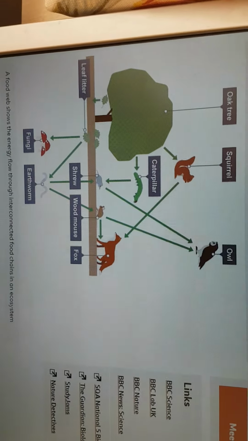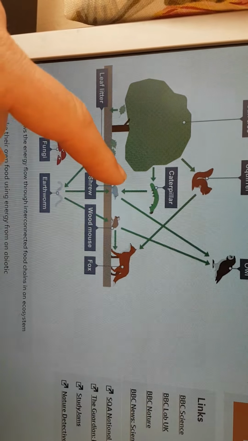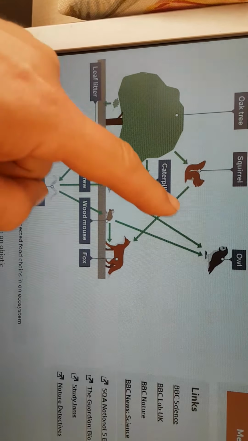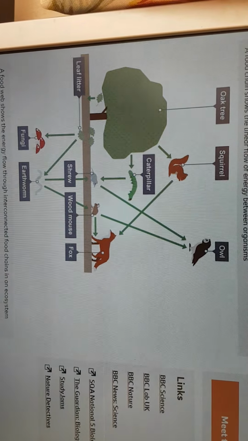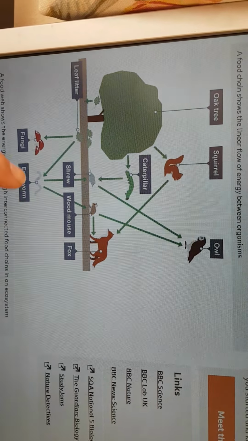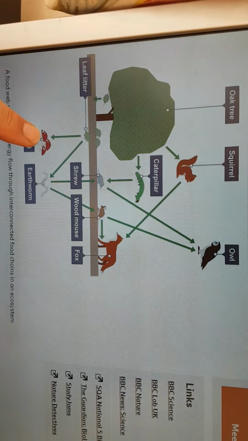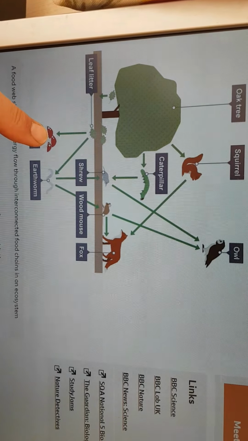For example, the role of the shrew is to eat earthworms but provide food for the owl. The role of the fungi is to break down the dead leaf matter and other decaying matter, recycling the nutrients.